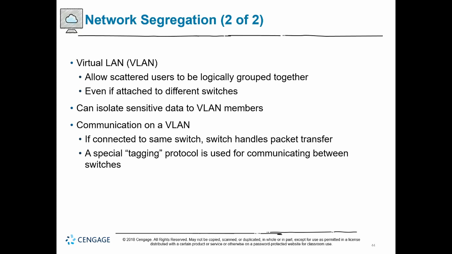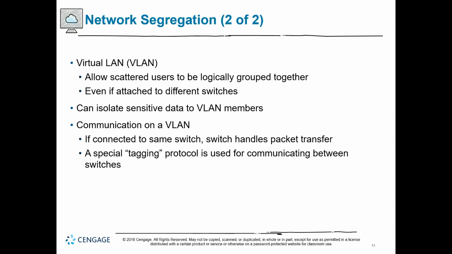It can isolate sensitive data to VLAN members. For example, when you create a VLAN, you definitely want to put your legal team in that VLAN, because there may be specific sensitive data that they should be accessing and others should not. Your accounting should be separated, your IT, right?